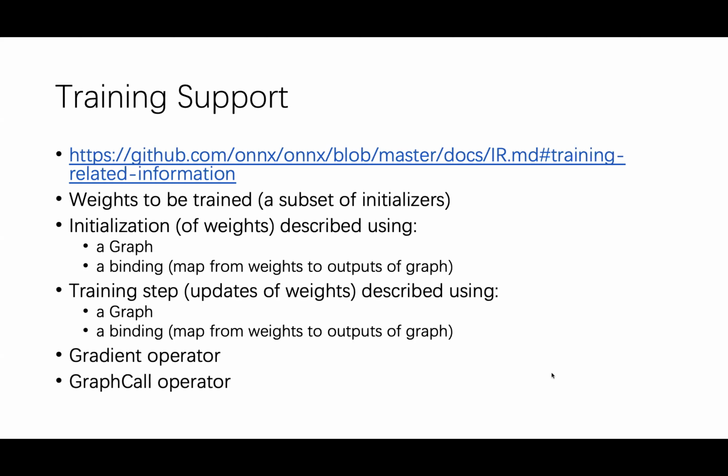So two key extensions that are used to enable this are a special operator called the gradient operator for computing the gradient of some computational subgraph, as well as another operator called the graph call operator that allows us to call another graph. In particular, this allows the training step to call the inference graph, essentially. And so just a couple more things.